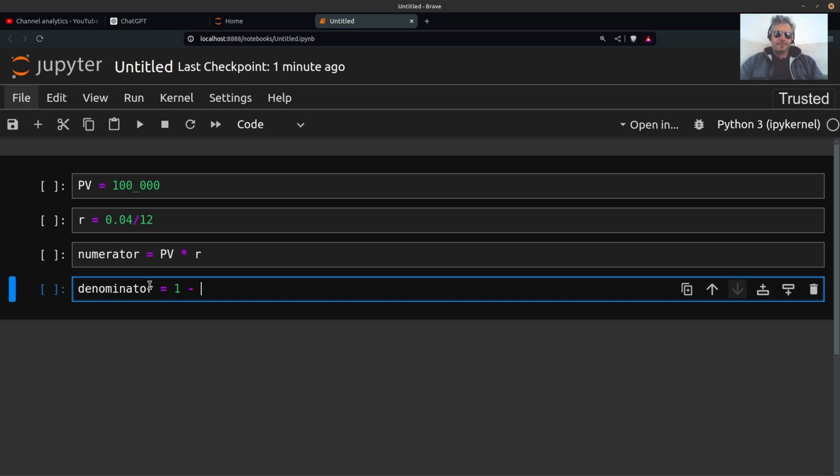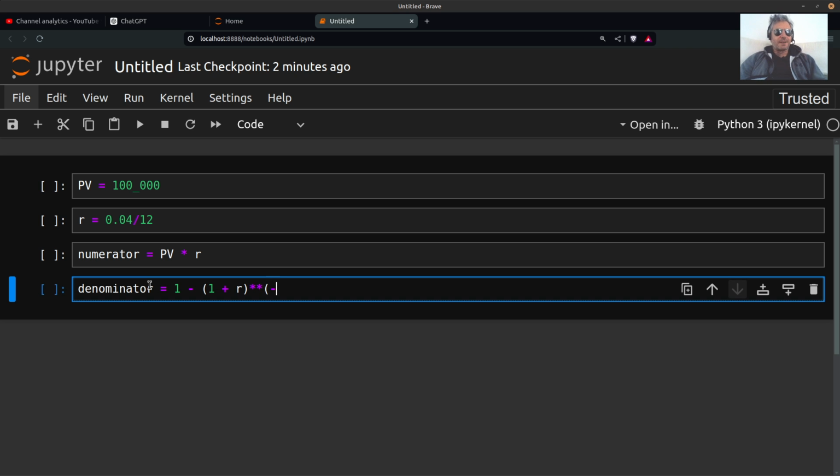And it's 1 minus, and then inside the brackets, it's 1 plus R, which you've already got there. And then it's to the power of, so in Python it's 2 asterisks. Now I'm just going to put in brackets the number of months.